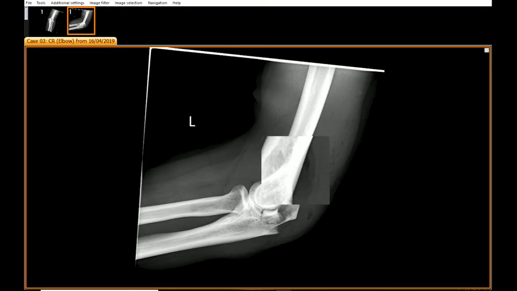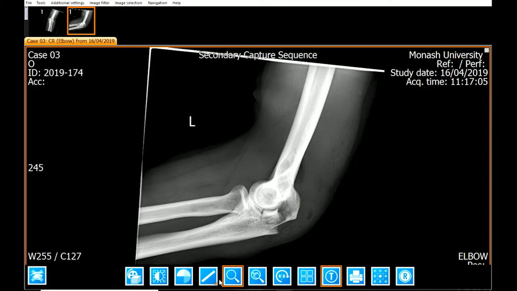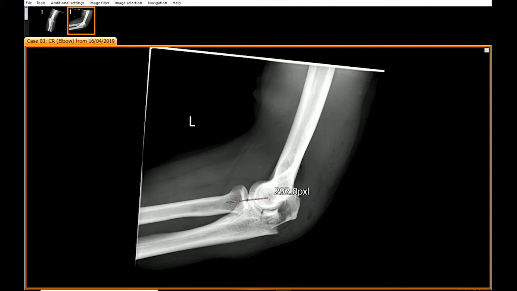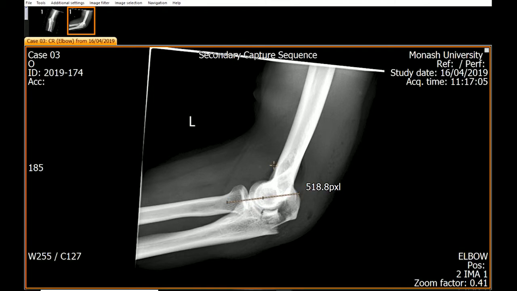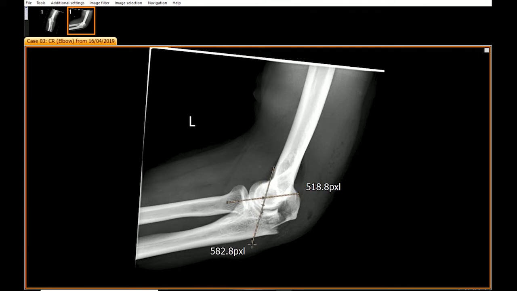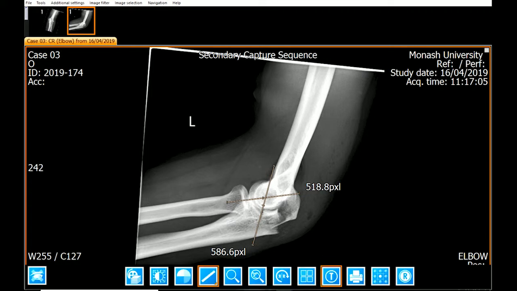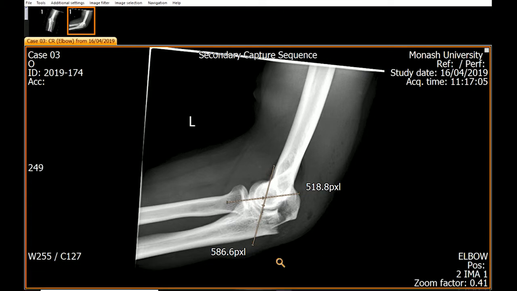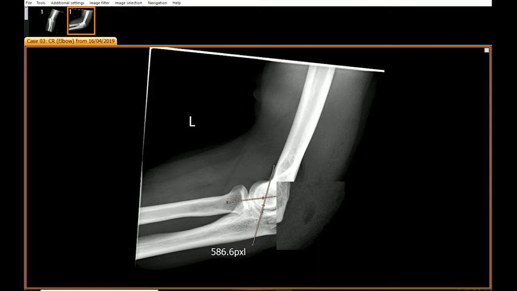There's also a large elevated fat pad, so there's joint effusion. However, if we again draw our lines, we can see that the radiocapitellar line and the anterior humeral lines are normal.